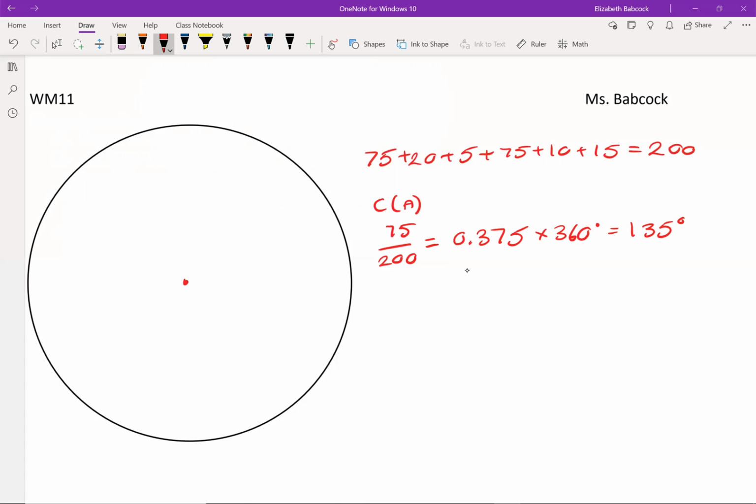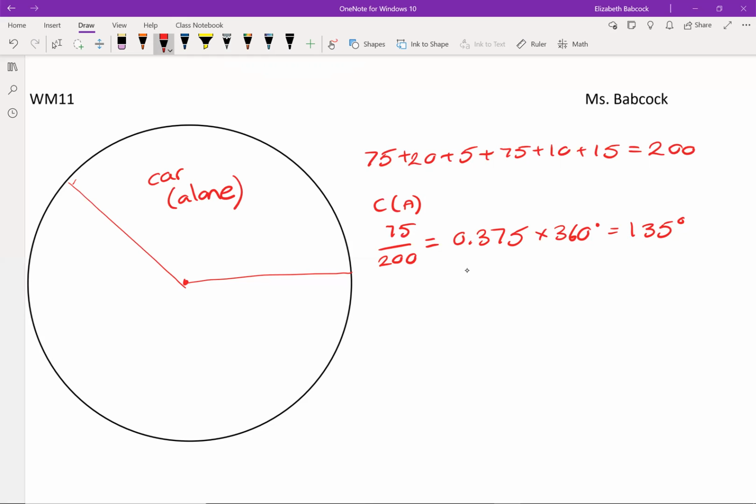Draw a line to line it up with to start. Using your protractor, I'll do my best to use this one. 135. Okay, and then just connect your dots. Okay, so that would be car alone.